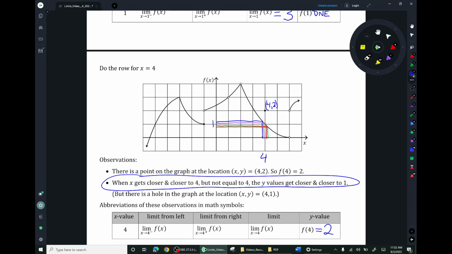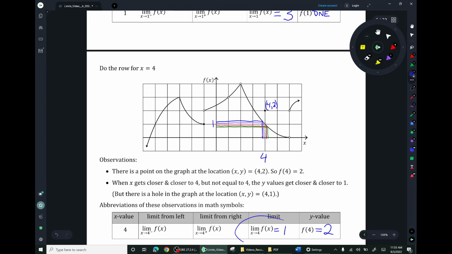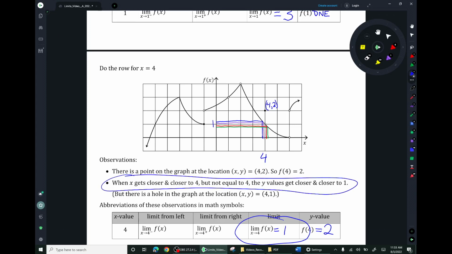Well, remember that that whole sentence can be abbreviated in symbols using the notation for the limit. This 4 goes there in the symbol, and this 1 goes here. So we see that this symbol, spoken, the limit as x approaches 4 of f of x equals 1, is the abbreviation for that prose sentence.